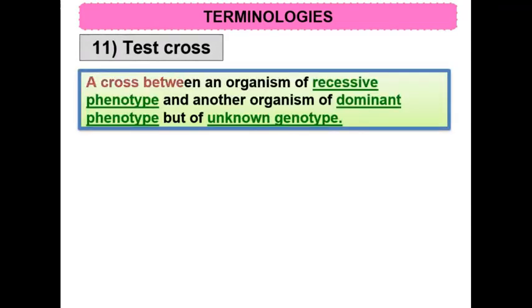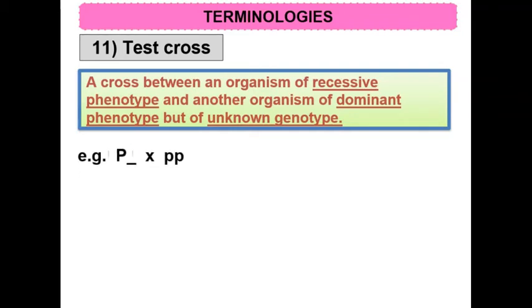The last terminology is test cross. Test cross is a cross between an organism of a recessive phenotype and another organism of dominant phenotype but of unknown genotype. It is used to determine the genotype of an individual with the dominant phenotype.